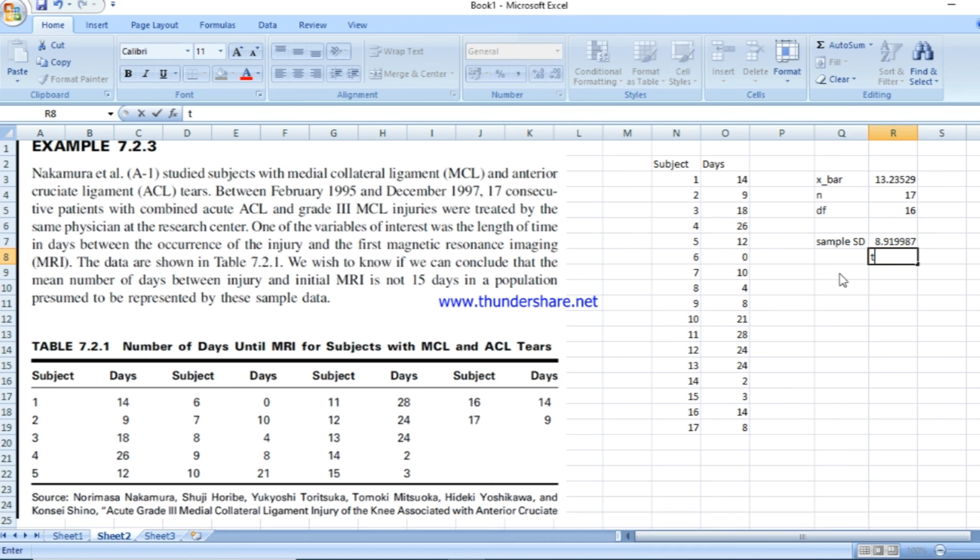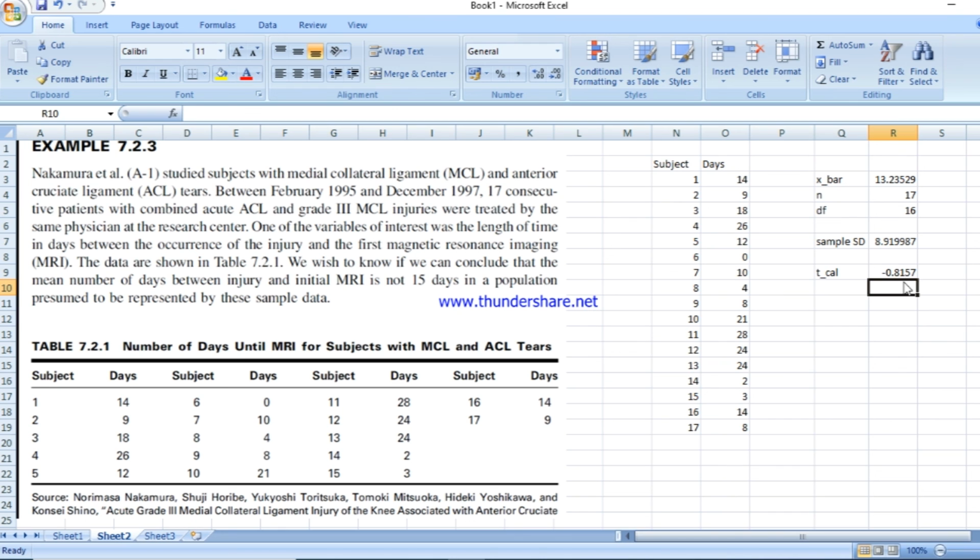Now let's take t calculated. T calculated will be x bar minus mu, which is 15, divided by s by square root n. Now we are obtaining t calculated to be 0.8175.